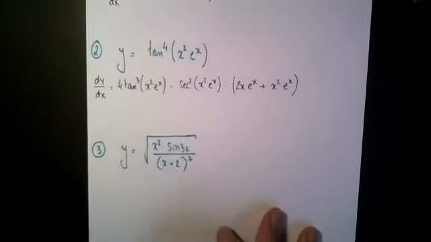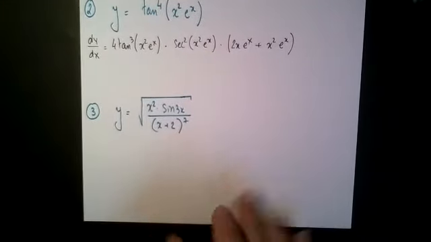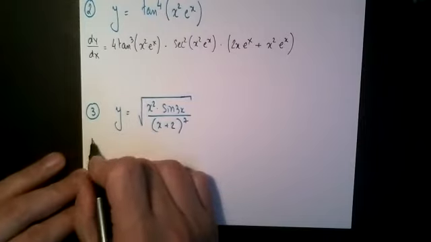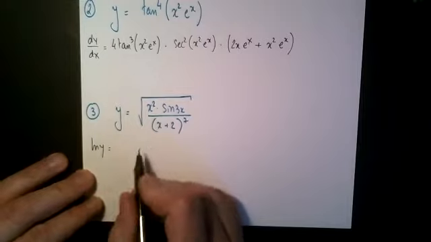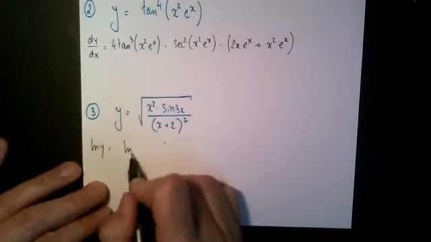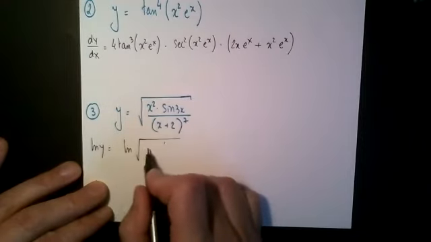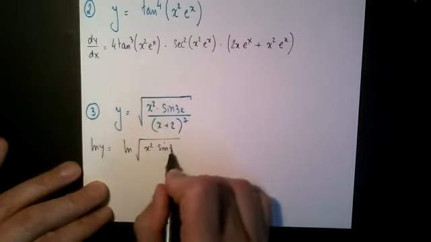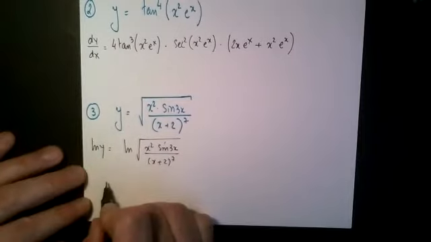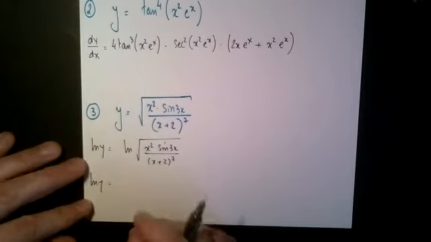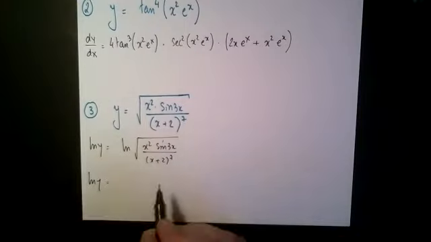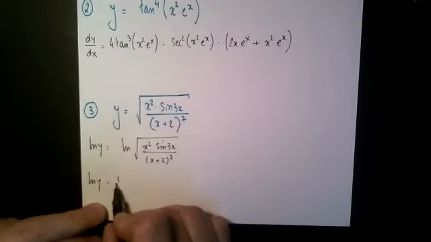All right, let's do the last one here. So here I suggest that we do a logarithmic differentiation. So the ln of y will be equal to the ln of all this, square root of x squared sine 3x over x plus 2 to the power 7. And so ln y will be equal to, so 1/2 comes in front, right?